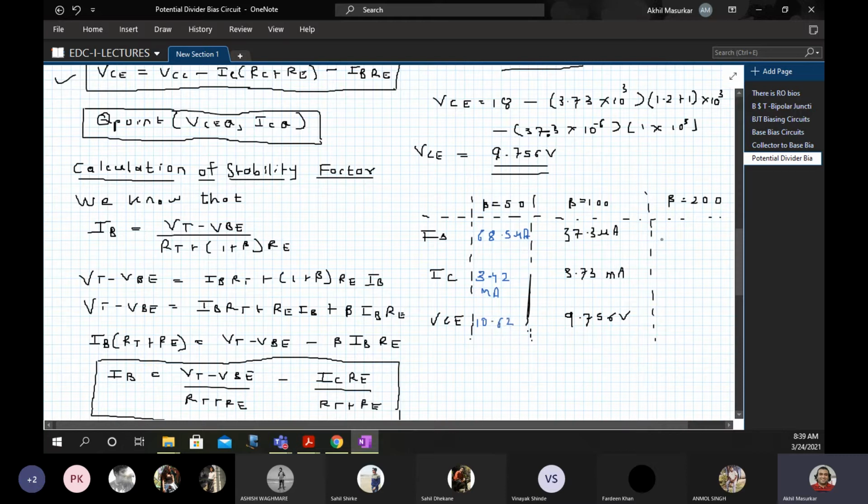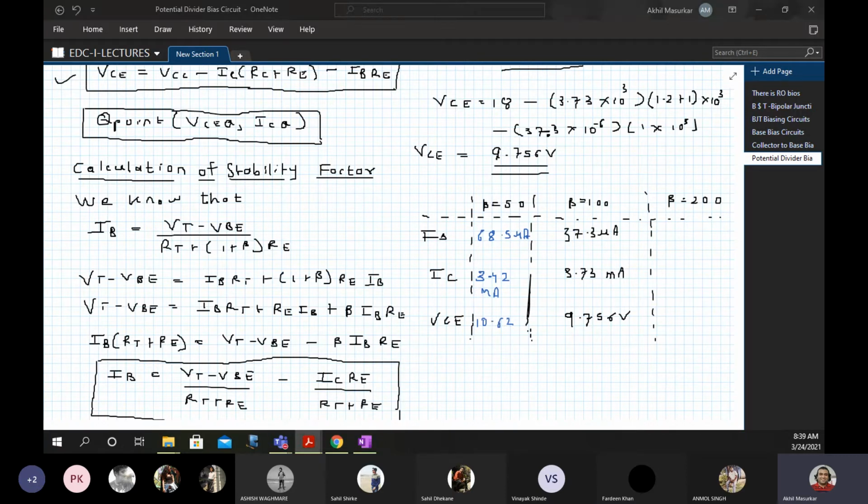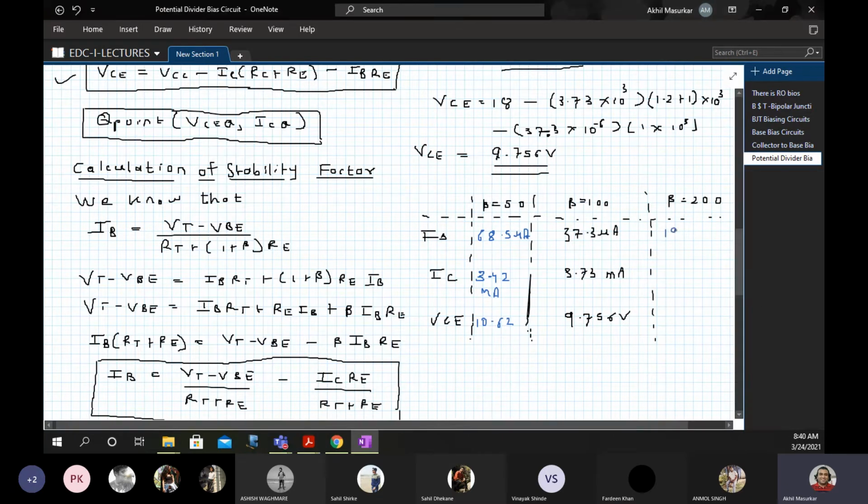And here for beta equal to 200, we get IB is 19.5 microamperes. IC comes out to be 3.9 milliamperes, and here we get something like 9.42 volts.